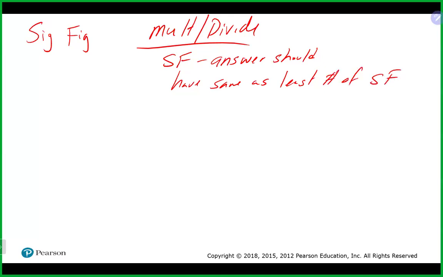Whatever the lowest number of significant figures in your calculation is really the one that determines how many significant figures your answer should have.